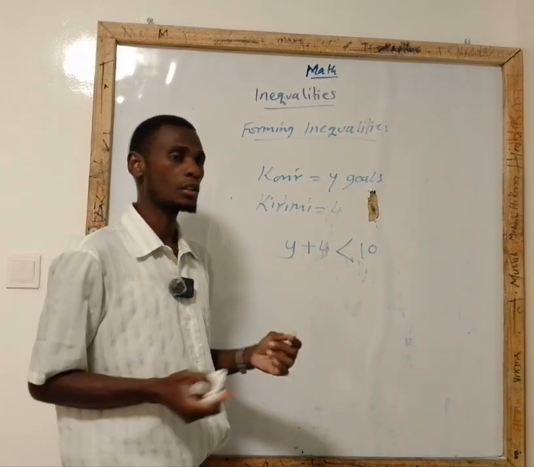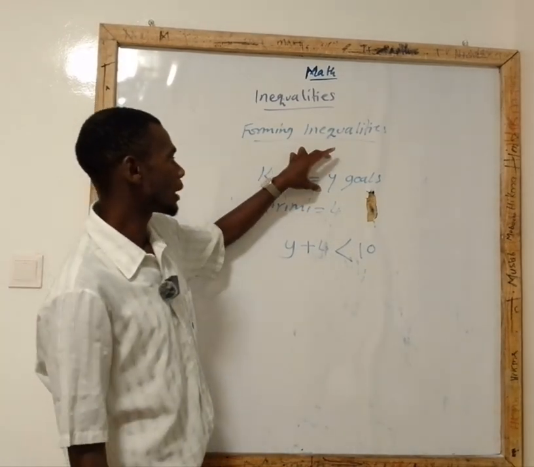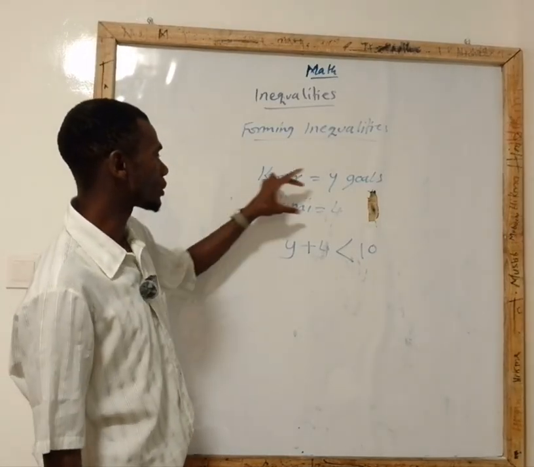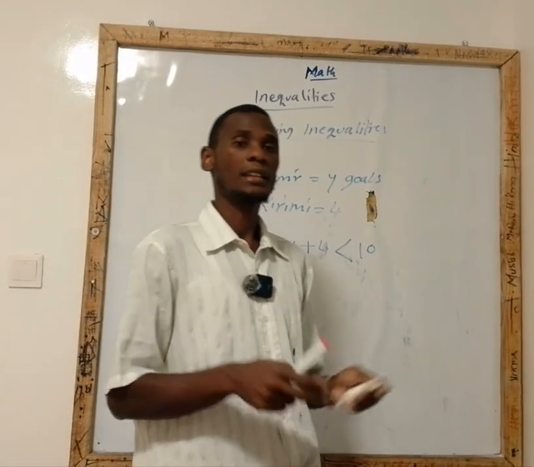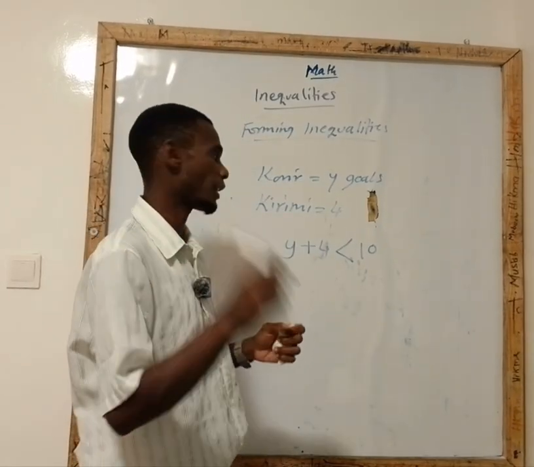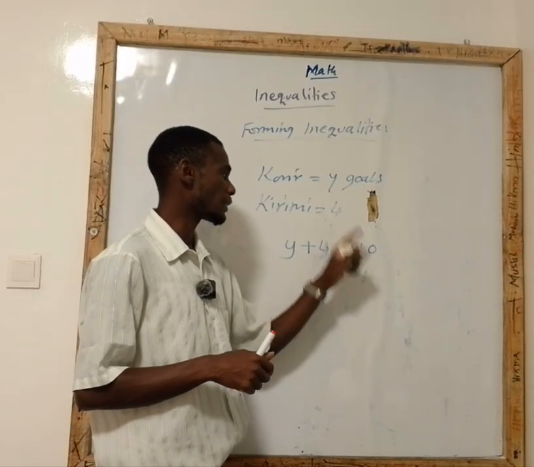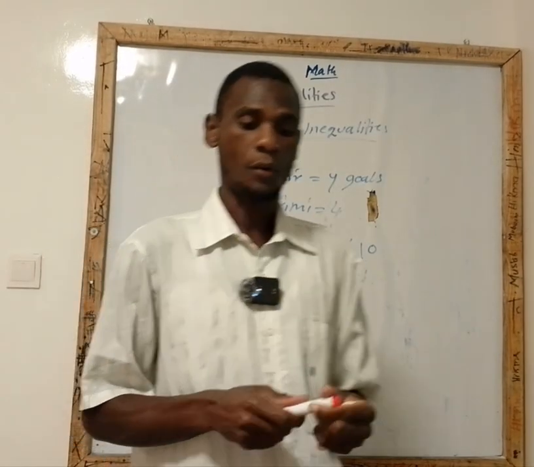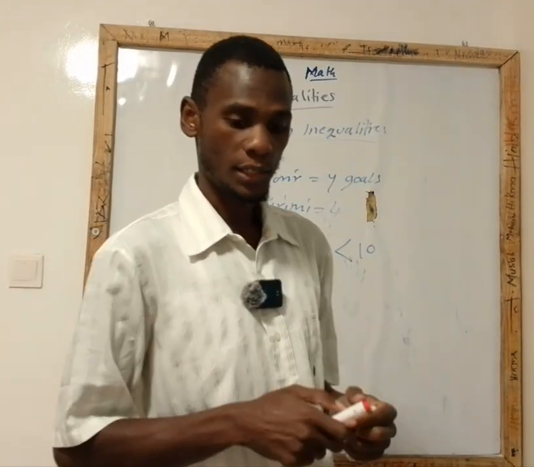If they need the total, you need the total of goals scored by this person plus the total goals scored by this person. But the information says the total goals altogether is less than 10. So we talk about Y plus 4 is less than 10.